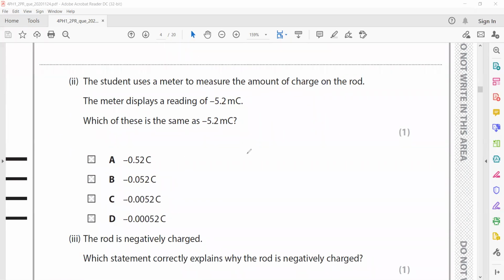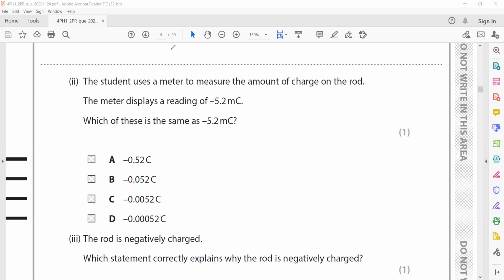The meter displays 5.2 millicoulomb. So which of these is the same? So when we move the point 1, 2, 3, that will be equal to minus 5.2 into 10 to the power minus 3 coulomb, and minus 3 is actually equivalent to milli, so it will be 5.2 millicoulomb. That's why C will be the right answer. The rod is negatively charged.